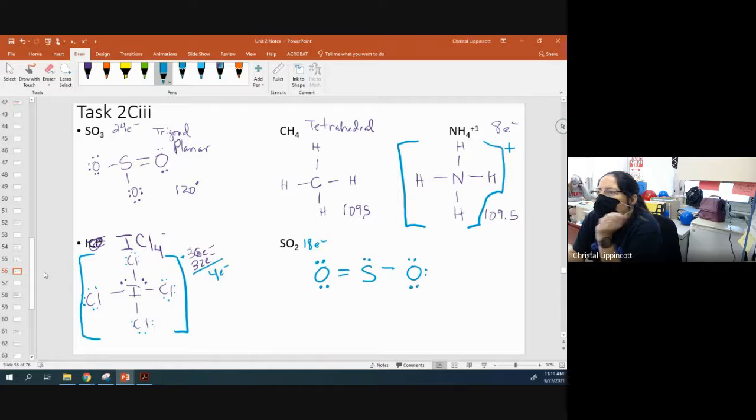Let's see what my formal charge is now. 2, 4, 6, 2, 1, 2, 3, 4, 5. Yeah, I think that's why I drew it like this, Matthew. Thinking about it, I think this is right now.